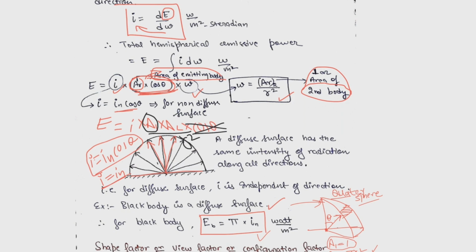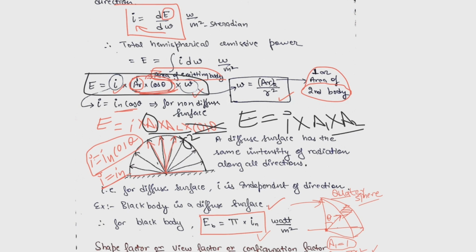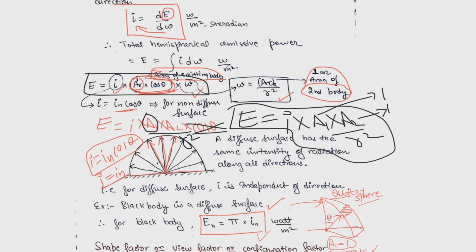From this equation E can be written as E is equal to I into A1 into A2 by R square. This is the equation for emissive power. If we consider this A1, that is the area perpendicular to the direction of emission, as 1, and if you write this as a quarter sphere pi r square, then you will get pi into I for a black body.